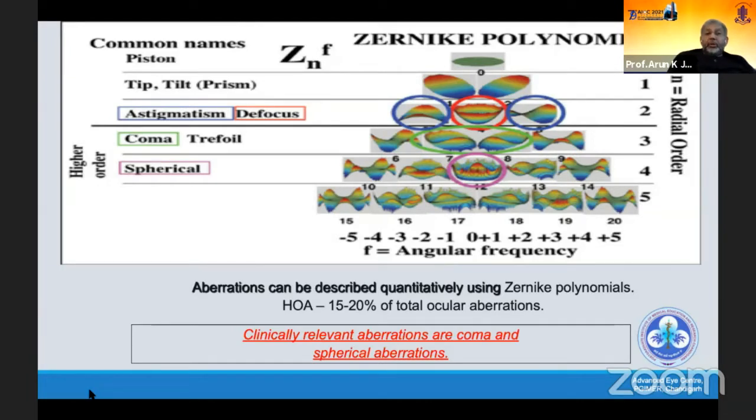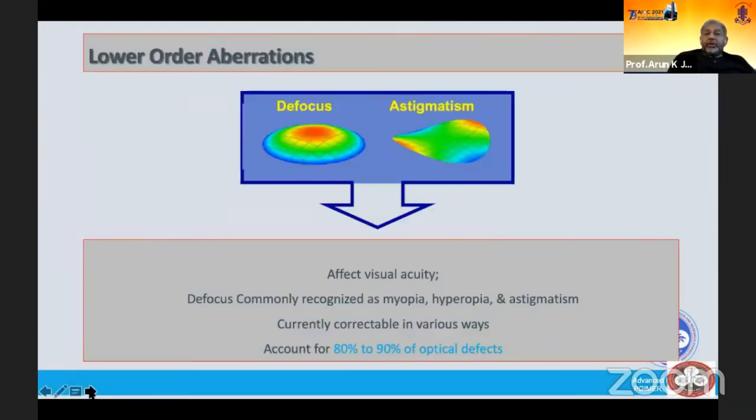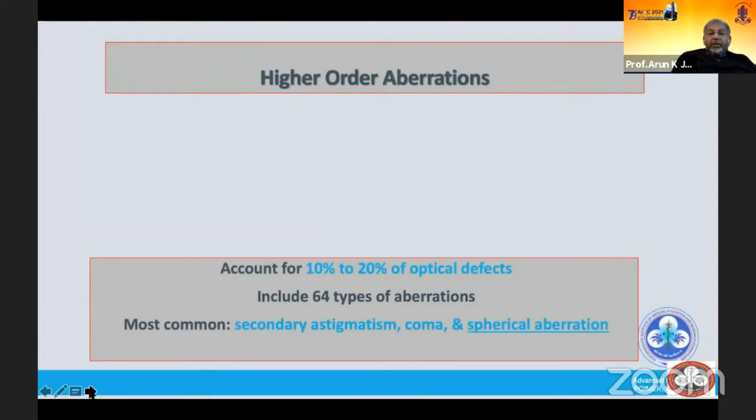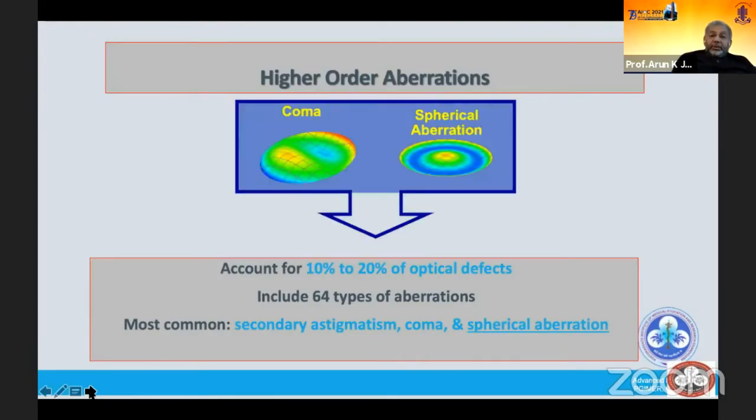The lower order aberrations, as we know, are defocus and astigmatism in the form of myopia, hyperopia, or astigmatism, and they are correctable in many ways, and they account for 80 to 90% of optical defects. The commonest higher order aberrations are secondary astigmatism, coma, and spherical aberration, and they account for 10 to 20% of the optical defects.